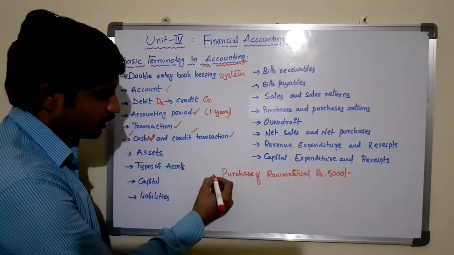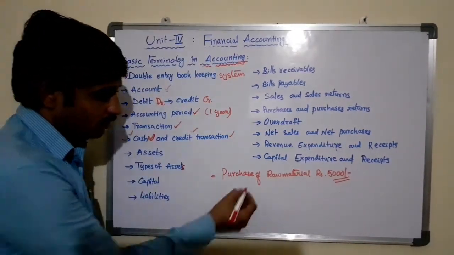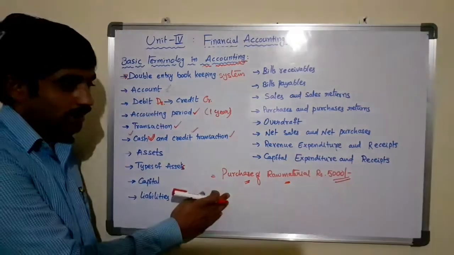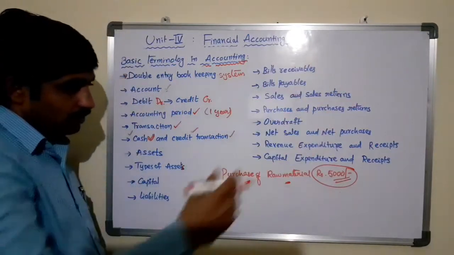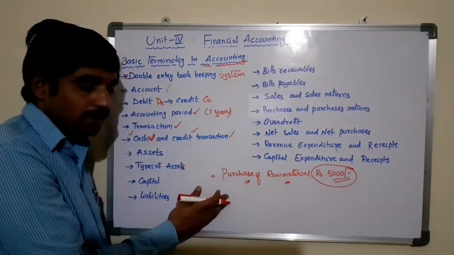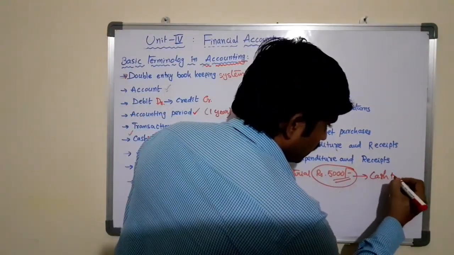This is a cash transaction because we are paying 5,000 rupees for purchasing the raw material. Immediately cash is paid to the suppliers for purchasing the raw material. This is called a cash transaction.